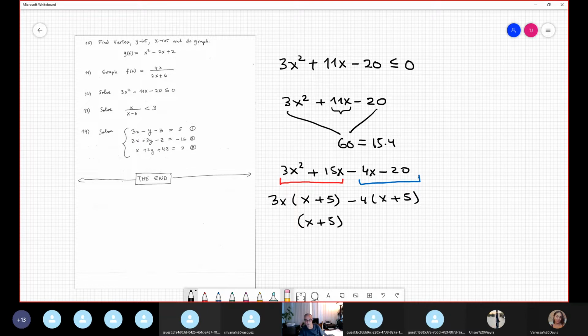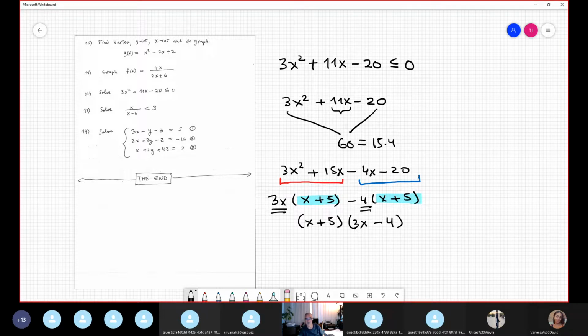Factor it out. So you have two x plus 5, but no, I copy only one time here. And open a new parenthesis, and you put 3x, which is this guy, and -4, which is this guy.